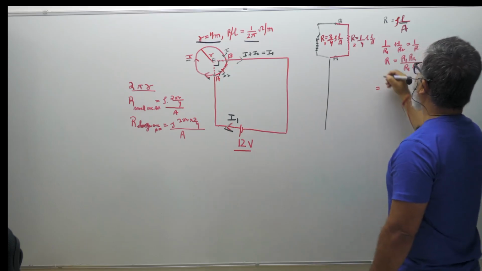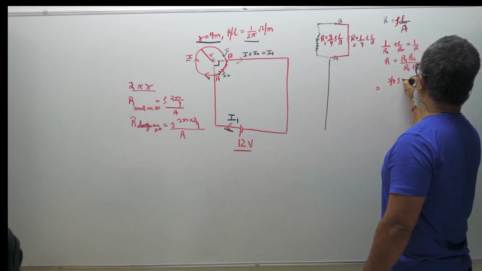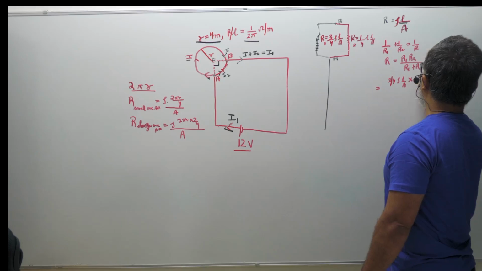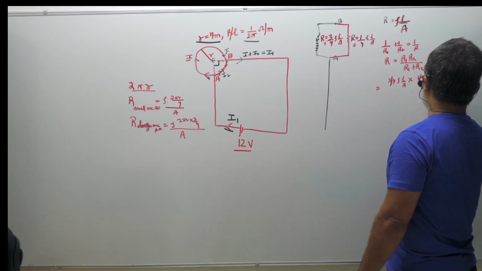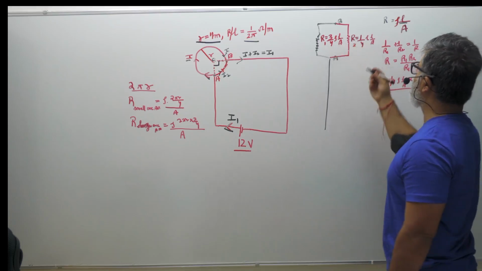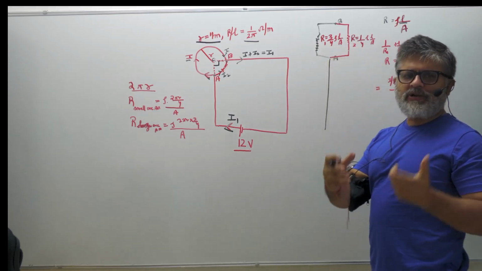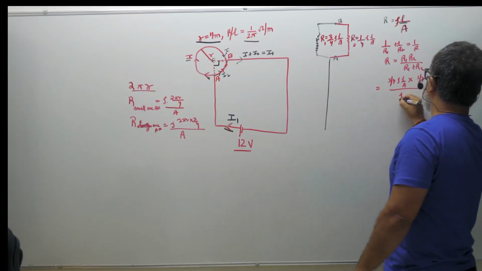So this R1, which you see is 3/4 of rho L by A, multiplied by 1 by 4 rho L by A, divided by the sum of these two. And the sum of these two, 3 by 4 plus 1 by 4, you will get a rho L by A in the denominator.